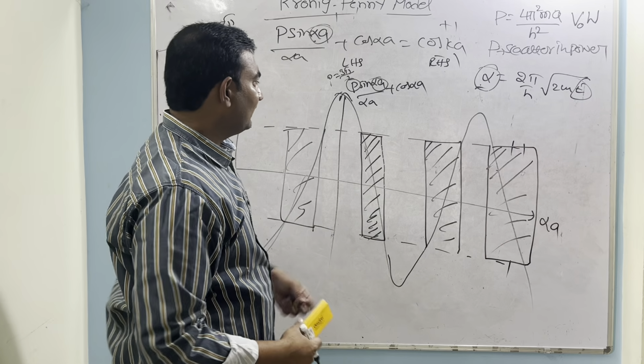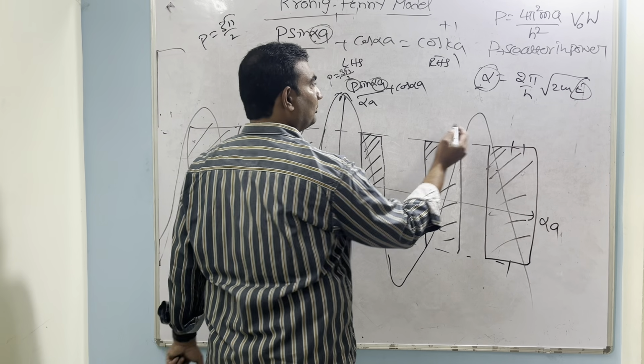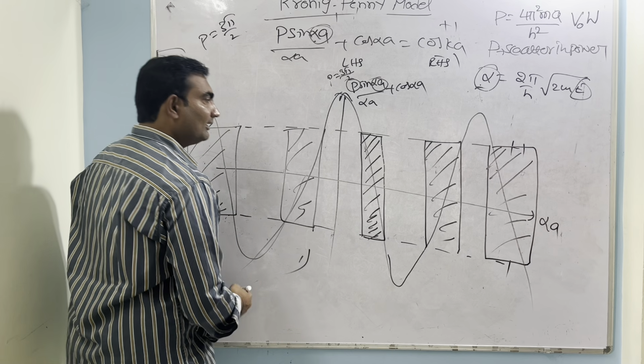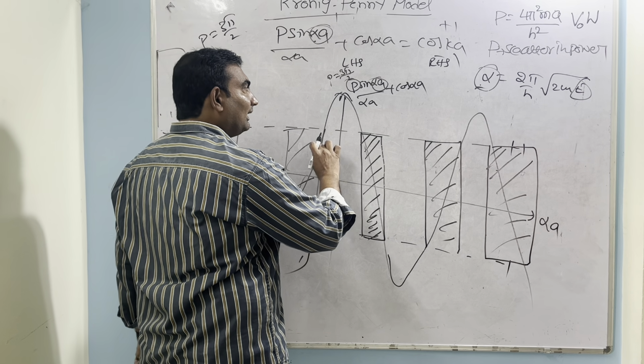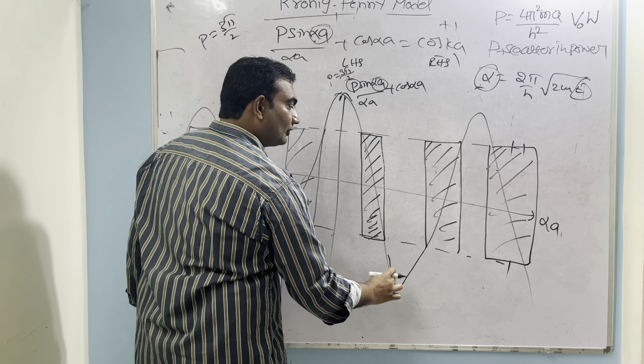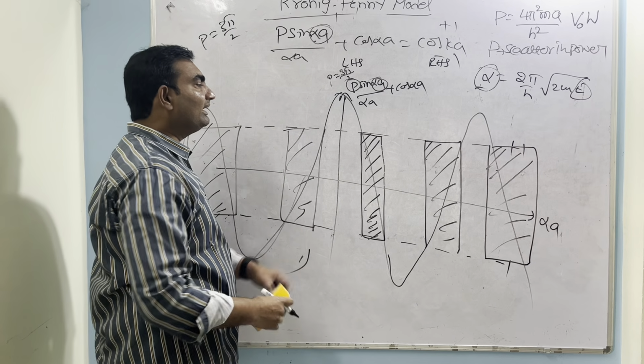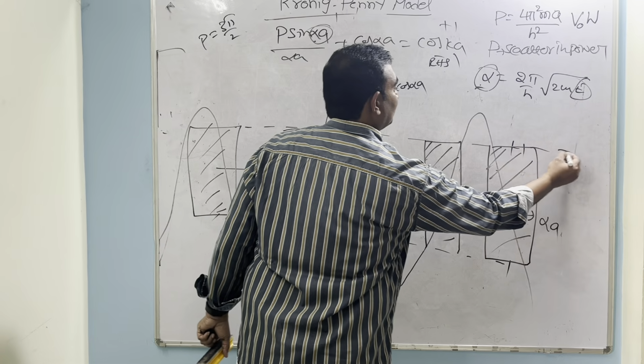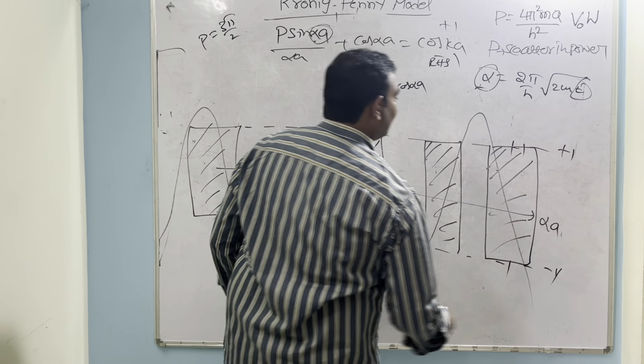So if you clearly observe this, the first conclusion is this. The wave mechanical solution permits values in between -1 and +1.